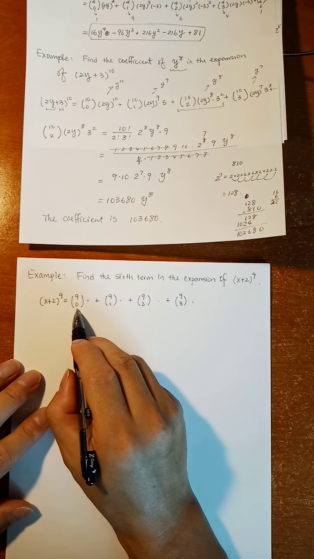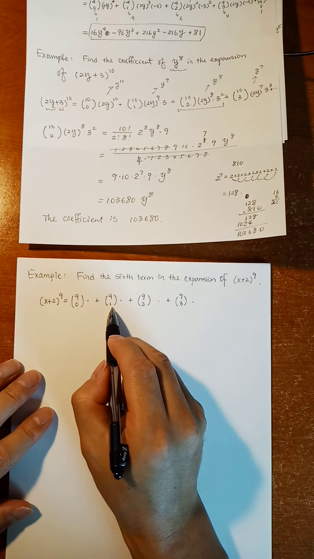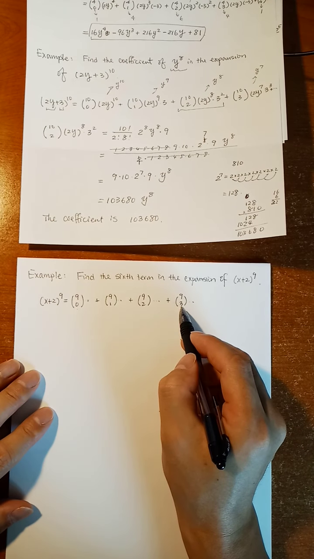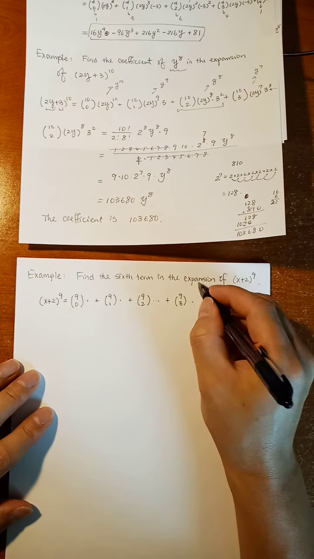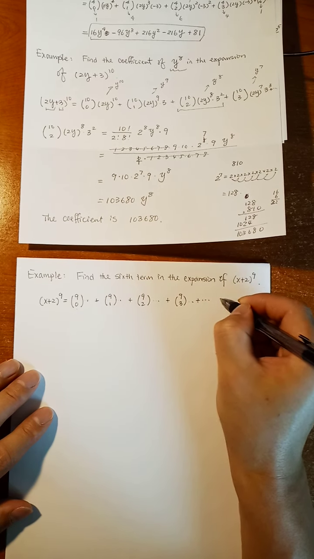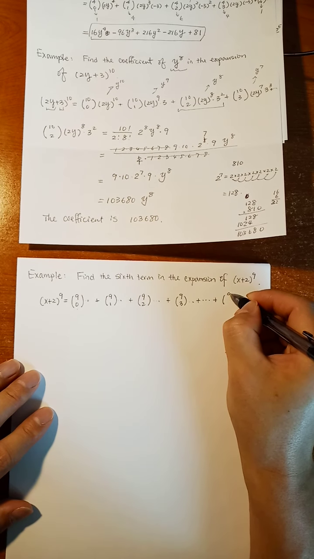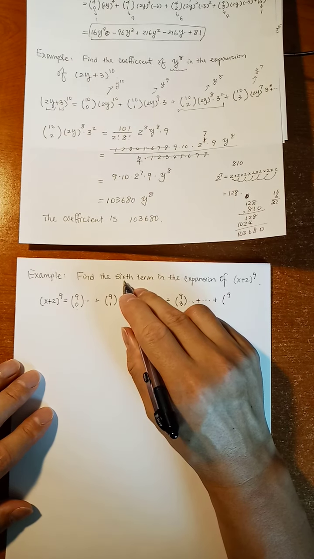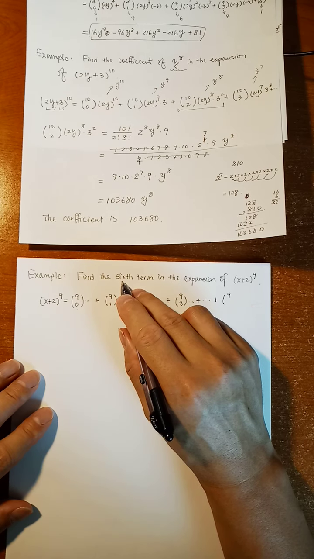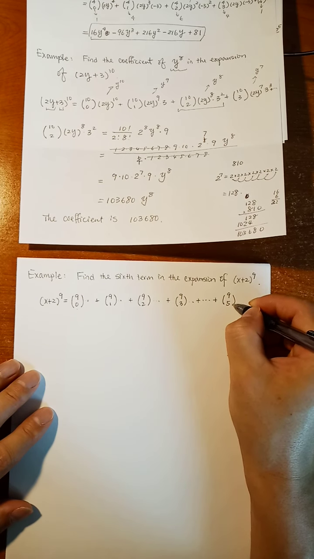You will see 9 choose 0 is the first term, 9 choose 1 is the second term, 9 choose 2 the third term, 9 choose 3 is the fourth term. So if we want to get the sixth term, we actually have 9 choose 5.